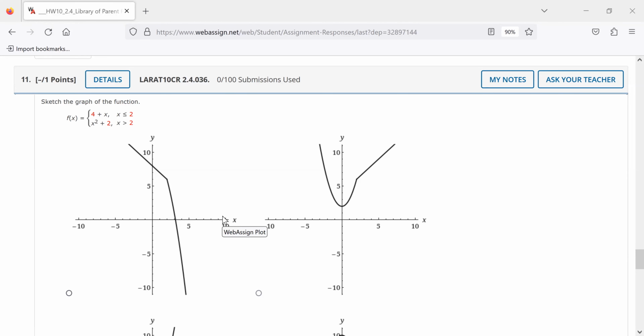For sure, B, no, because they're graphing x plus 4 past 2. This is supposed to be below 2. That doesn't even make sense.